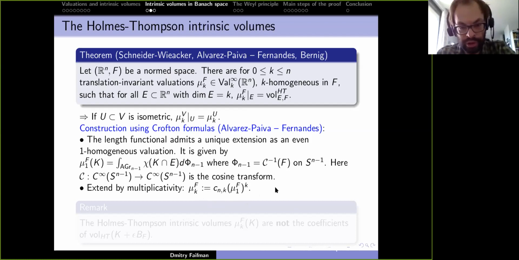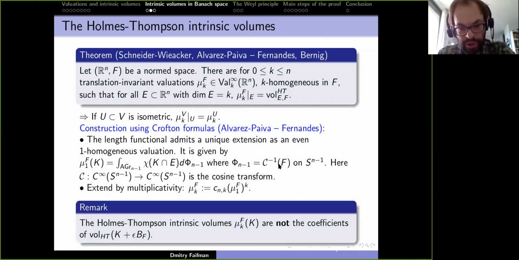It's by no means obvious that it can be done, but the uniqueness is completely straightforward. And let me also remark that this is not the same as considering the volume and taking the coefficients. That will give you something very different.